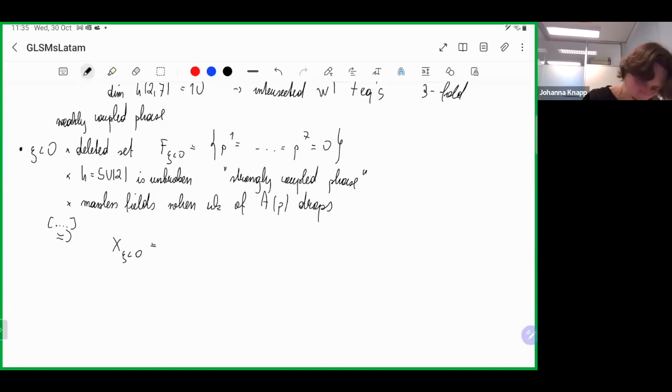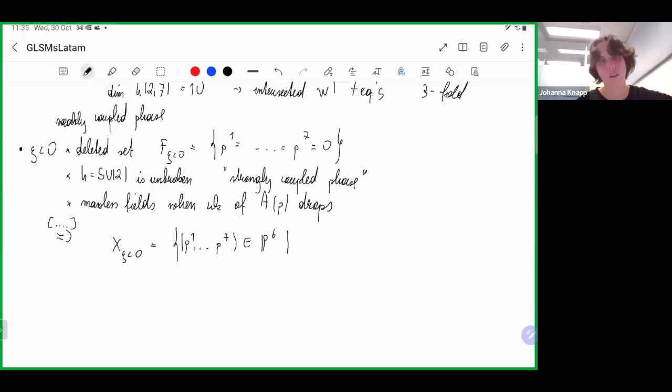And the geometry is now given by p1 to p7, living in complex 6-dimensional projective space, where the fact that it's a projective space comes from this particular deleted set. And we have to restrict the configurations to the locus of the theory where there are massless modes.